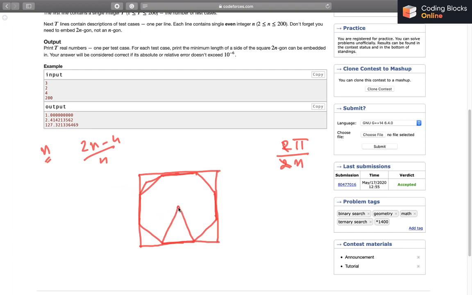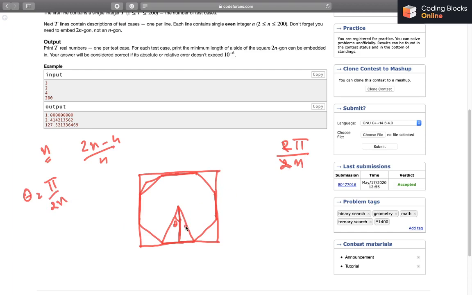And if I draw down the height, this half angle, if I call it theta, is going to be pi by 2n, right? 2 pi by 2n by 2, so it's going to be pi by 2n.